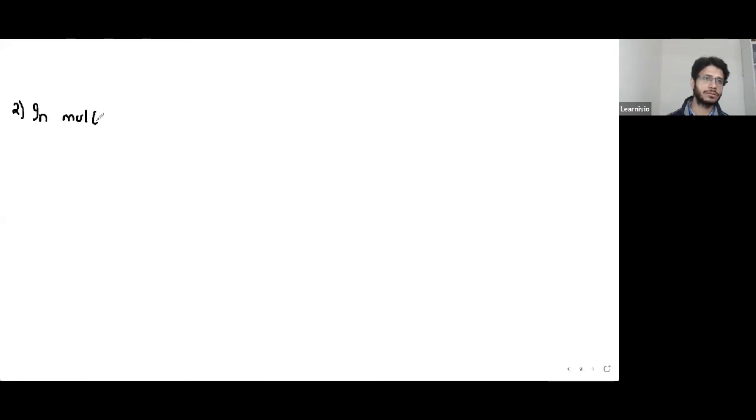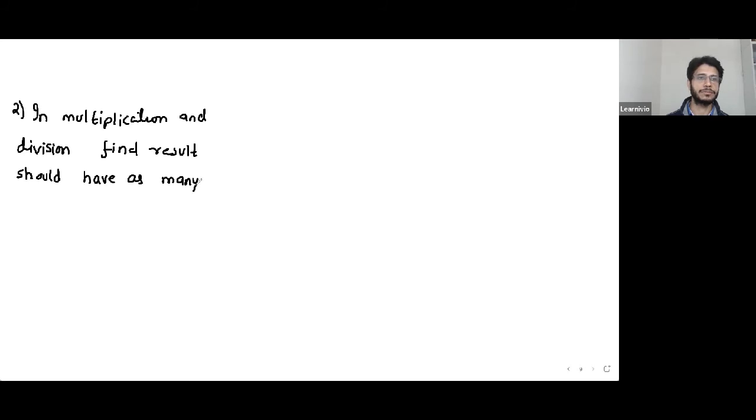So in multiplication and division, the final result should have as many significant figures as are there with the number having the least significant figures.